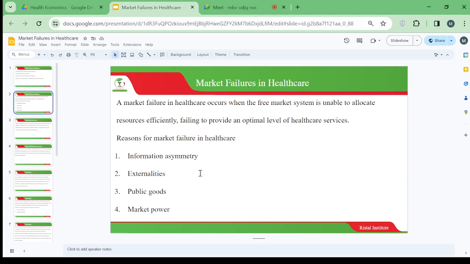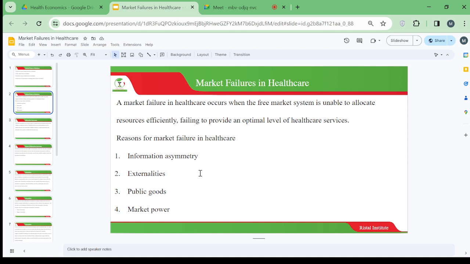So we are looking at market failures in healthcare. Market failure in healthcare occurs when the free market system is unable to allocate resources efficiently, resulting in failure to provide an optimal level of healthcare services.